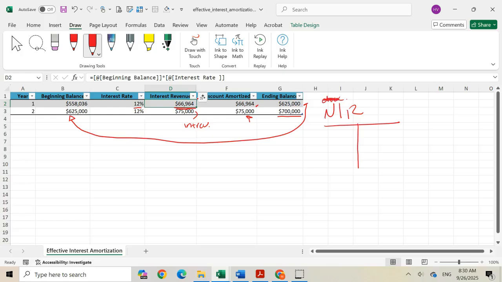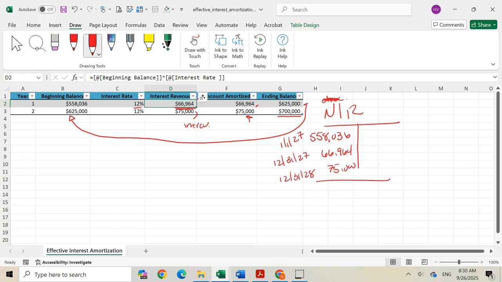If you look at the notes receivable through a T-account, we start at 558,036 on 1/1/27, and then we amortize back 66,964 at 12/31, and then we amortize back 75,000 on 12/31/2028.